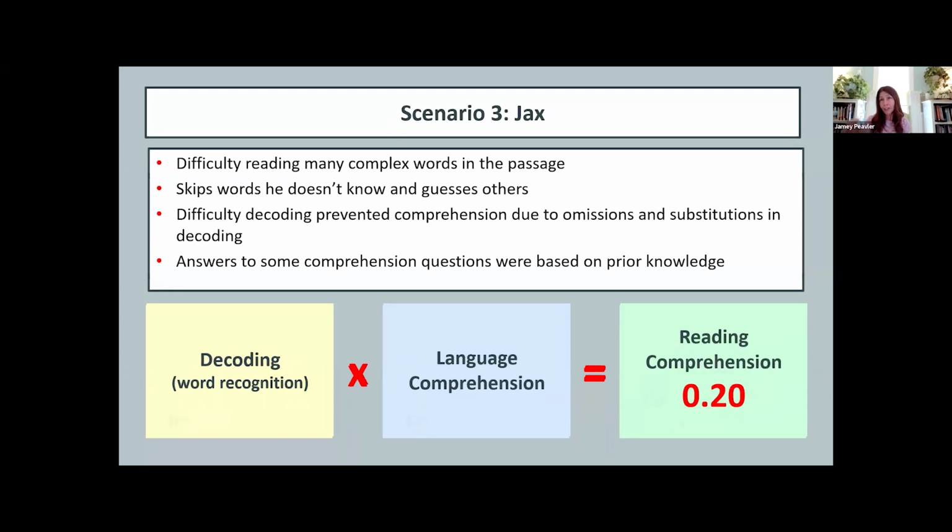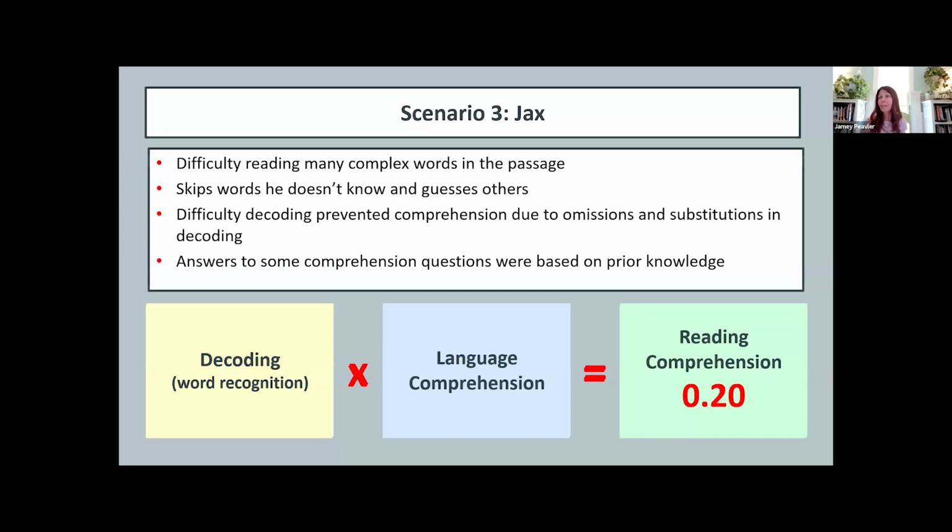And then finally, we have Jack. Jack's composite, again, was very similar to the other two students. And Jack's profile is also somewhat different. His issue was more around complex words. He didn't really have any way of breaking down multisyllabic words or words that had affixes.